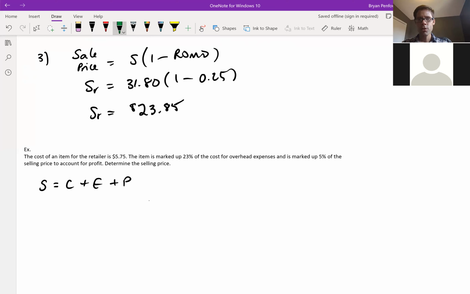On the side, I'm going to use red and green just to calculate some of the other numbers that we need. So I already know what the cost is, right? The cost is $5.75. That's what C is. But what about E? E is 23% of the cost.